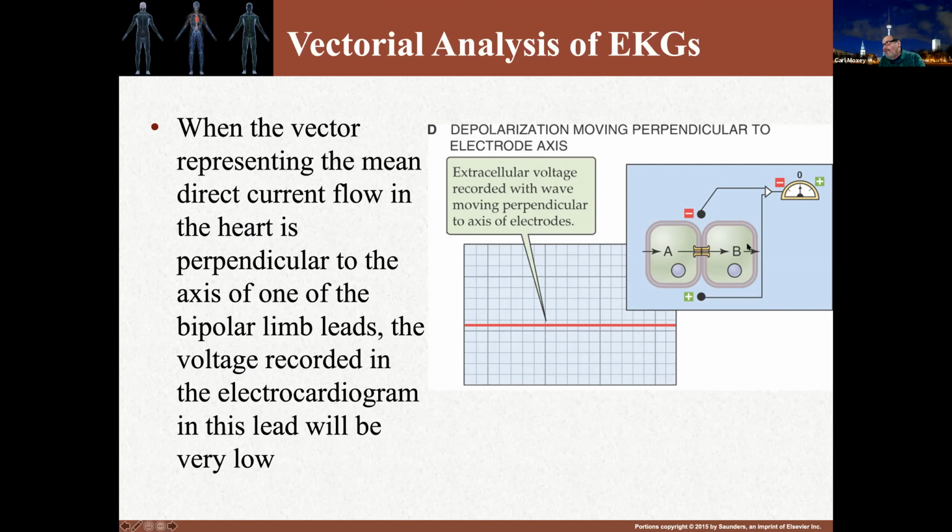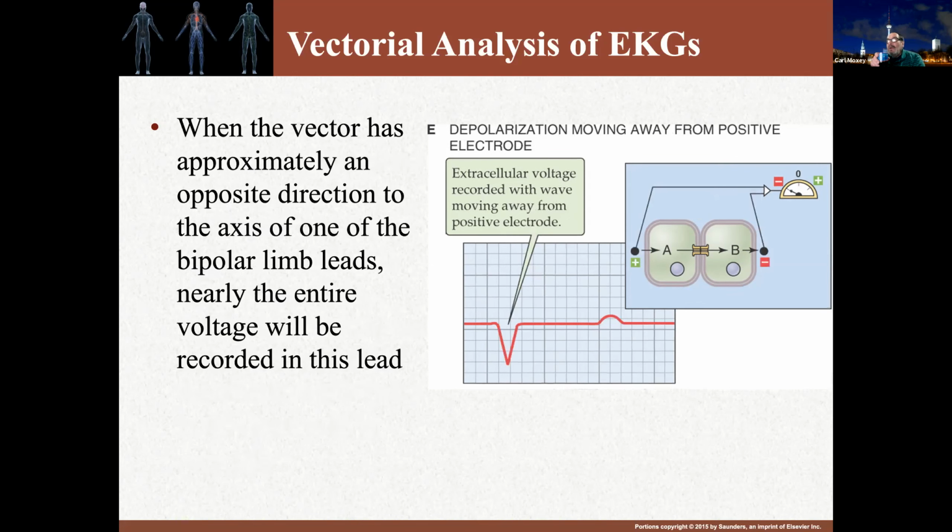So our current flow is from A to B, but our electrodes are placed here, so there is no current flowing toward an electrode. And if your vector has an opposite direction to the axis of the bipolar limb lead, then the entire voltage will be recorded in this lead, but notice that it will be a negative deflection rather than a positive deflection.